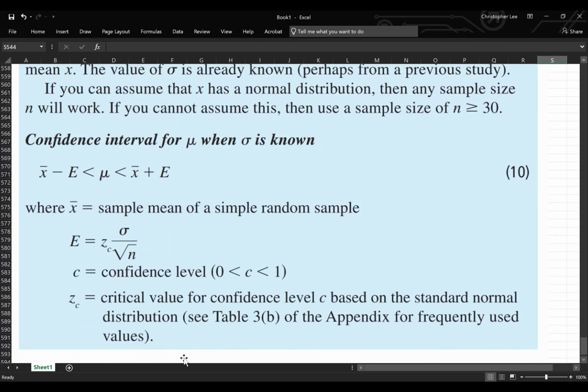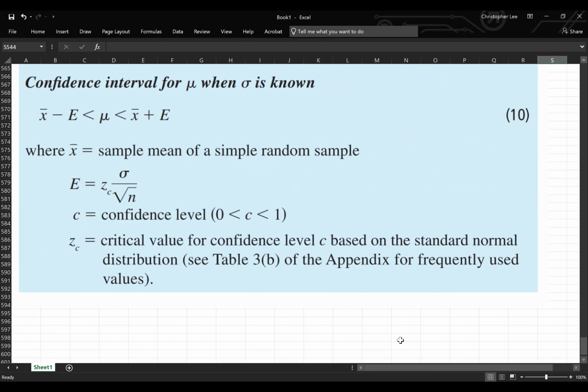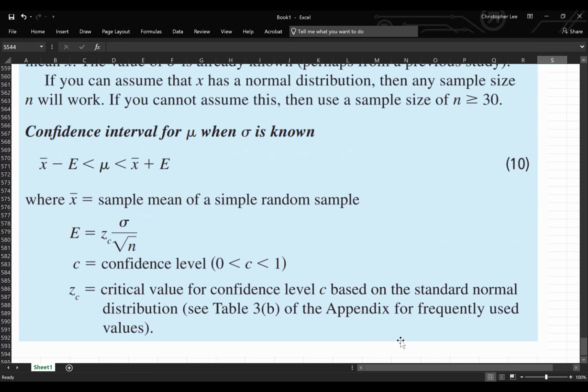Z critical is the critical value for the confidence level C based on the standard normal distribution, and we can see that from table 3B of the appendix. Now let's look at an example.